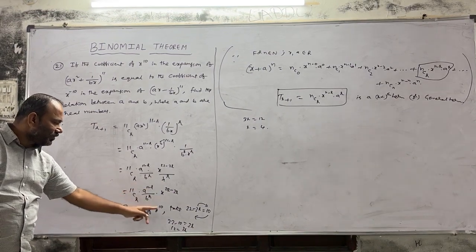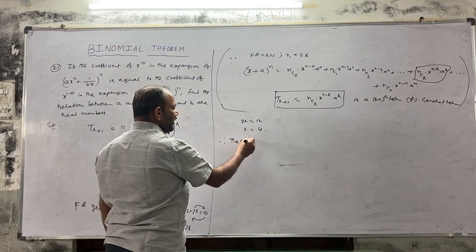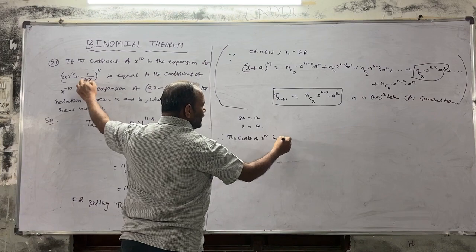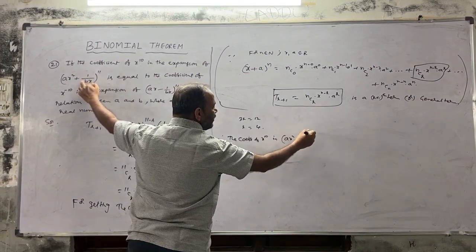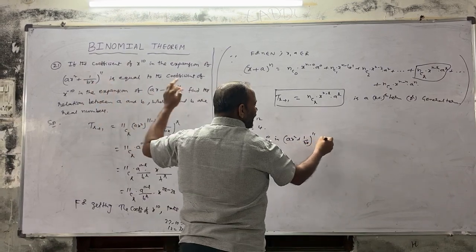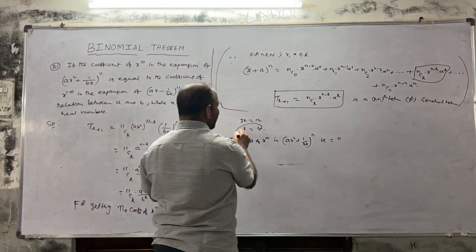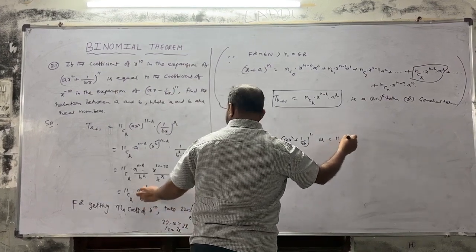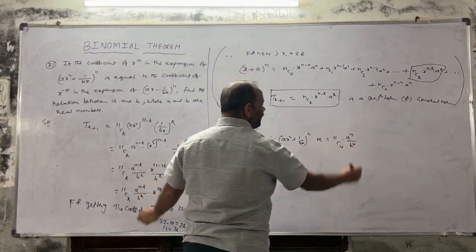In this constant, put r value 4. Therefore, the coefficient of x^10 in the first binomial expansion, (x^2 + 1/(bx))^11, is equal to 11Cr, but r value 4, 11C4, a^(11-4), a^7, b^r, b^4.